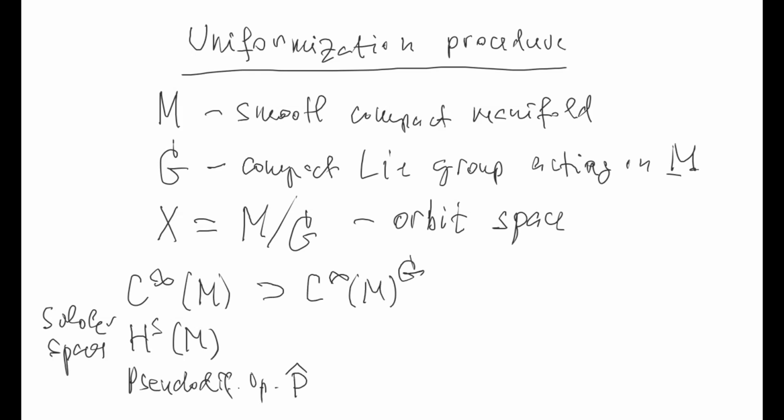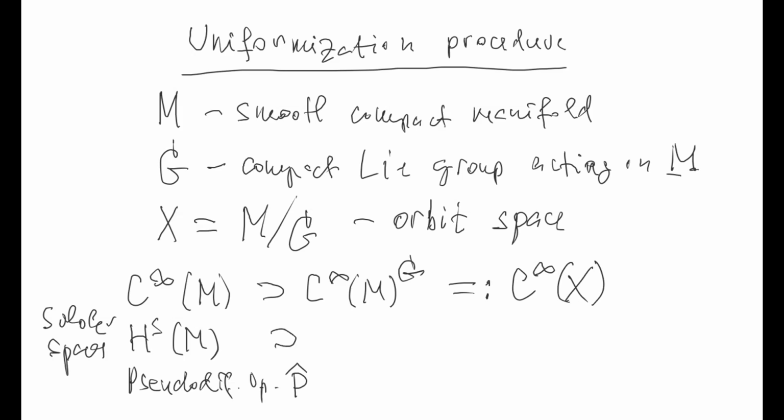They are invariant under the action of the group G, that is, they are constant on the orbits of G. And so it is natural to declare that this is what we consider to be the space C infinity of X, the space of infinitely differentiable functions on the orbit space X.